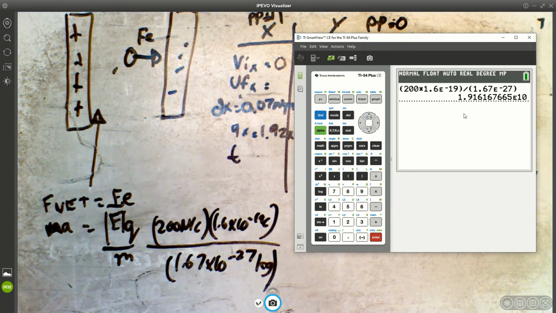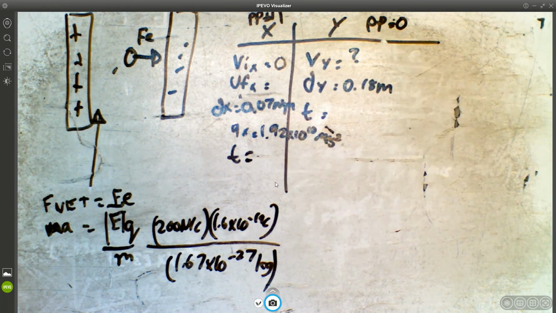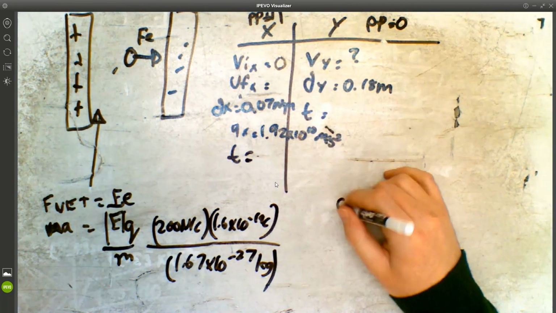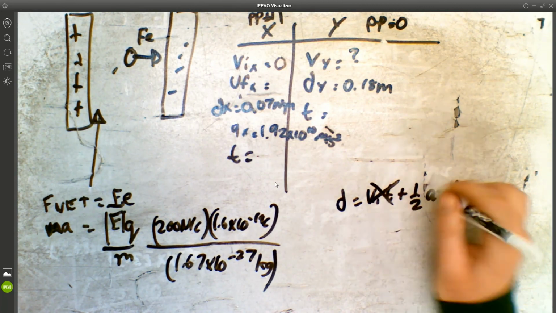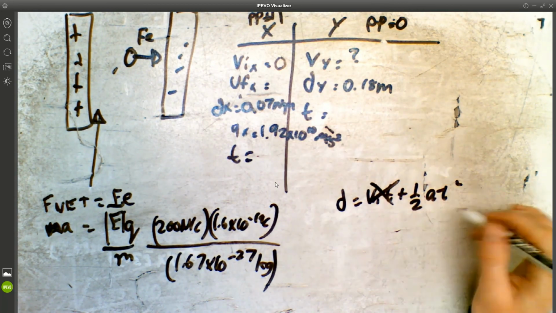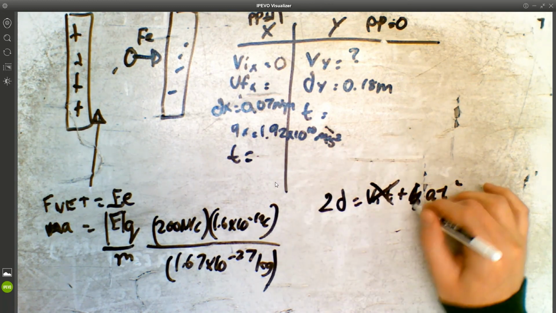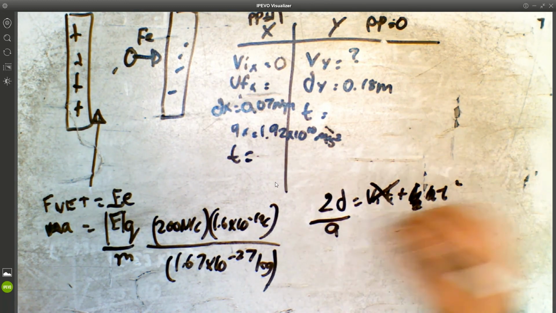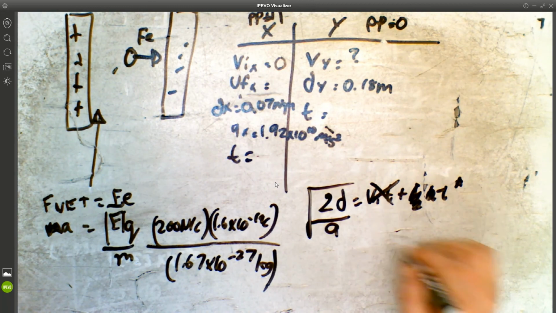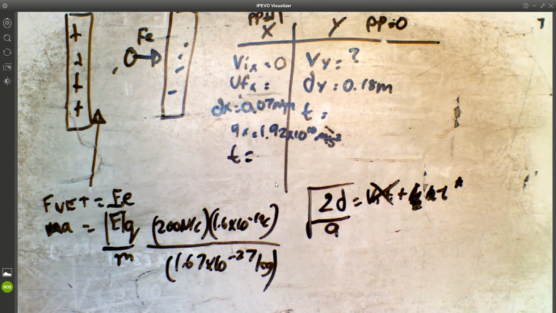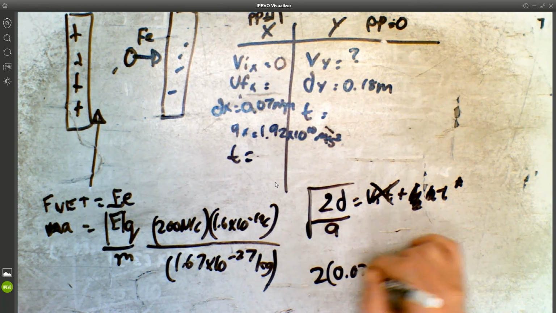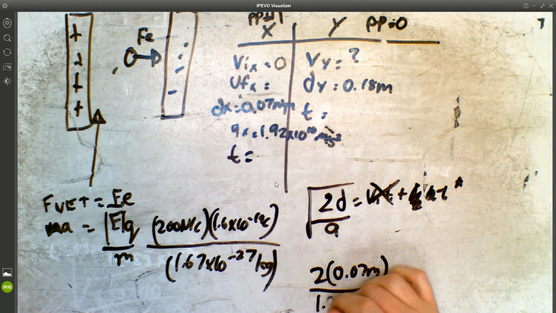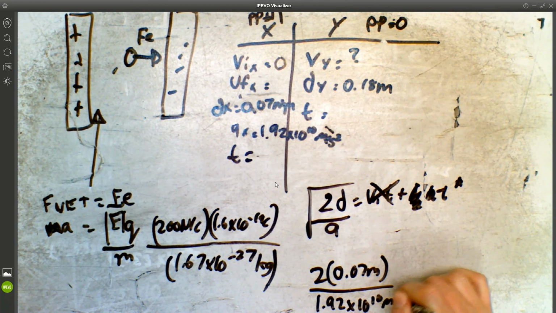So now we have enough information to figure out our time. We use d equals vi t plus 1/2 a t squared, and our initial velocity in the x is 0. So to find our time, we move our 2 up top, our a down below, and square root it, and we can find our time. So it's going to be 2 times 0.07 meters divided by our acceleration, 1.92 times 10 to the 10.